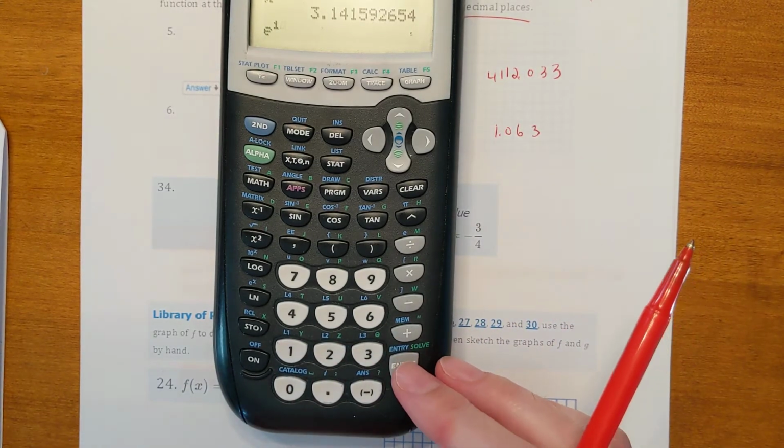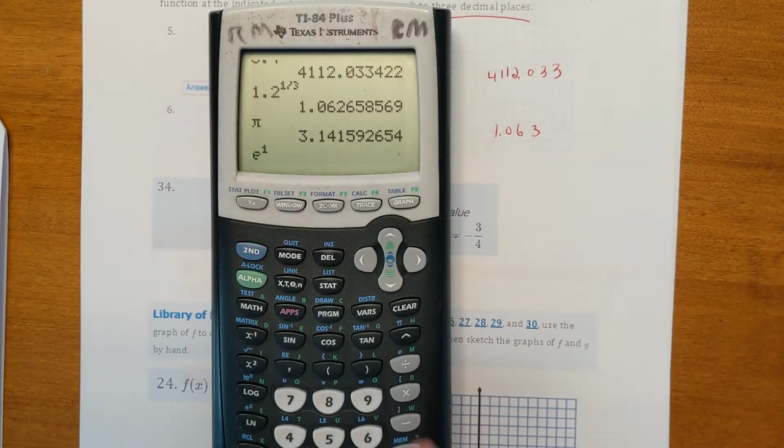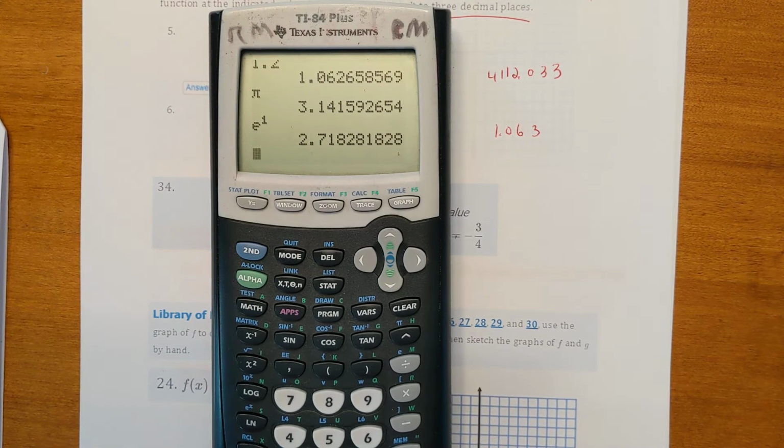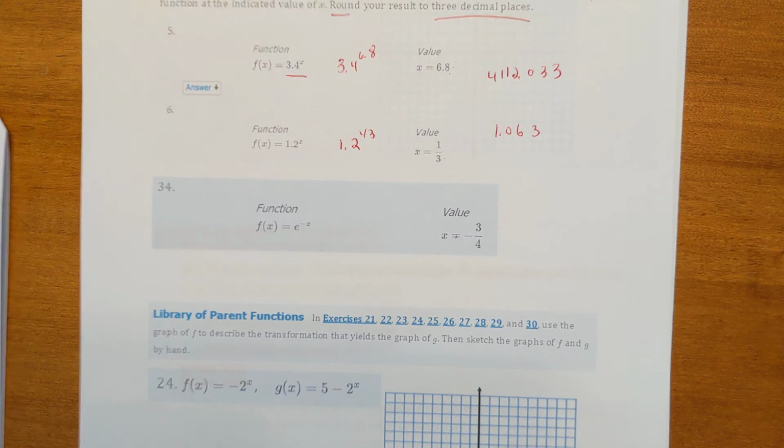I put it to the first power just to find out what just one of them is. So e to the 1 is 2.71828. So it's just a number. It's a number like pi that we use for a lot of things. You could Google it and watch a video about e and where it came from and who developed it. Euler developed it. So you could watch a video on it if you want.